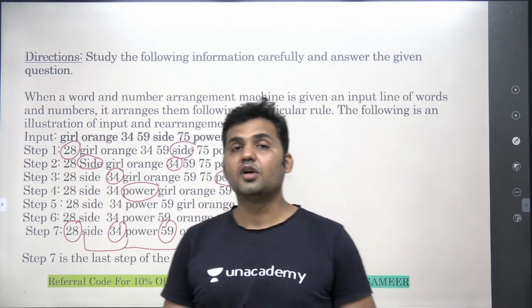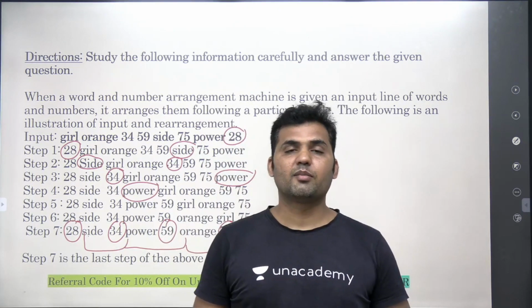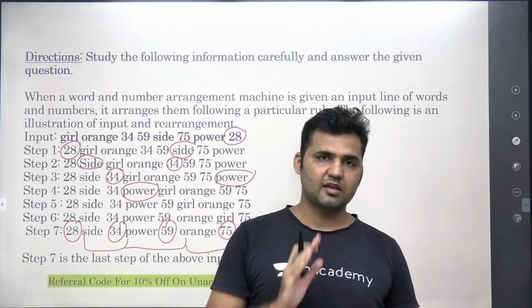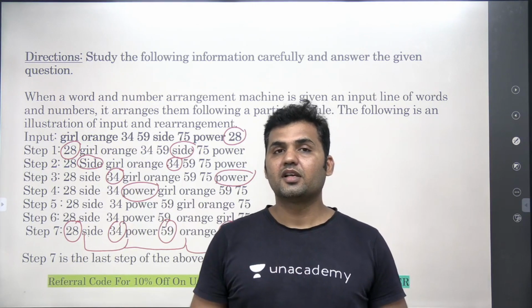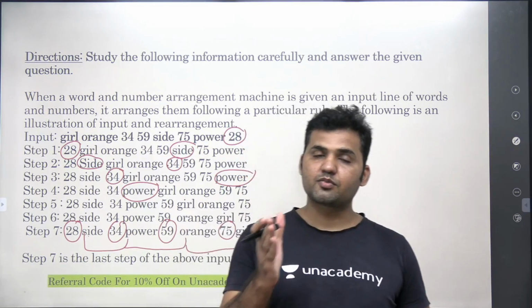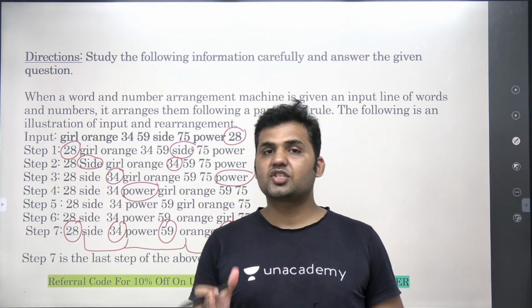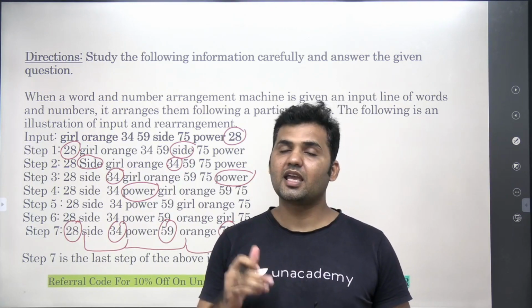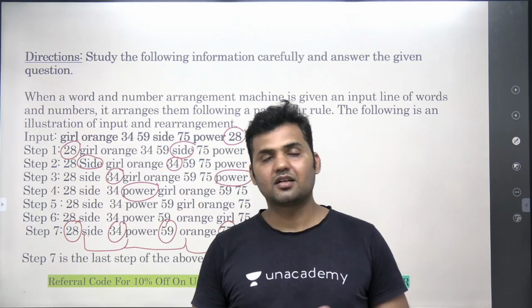So what does it tell you? The observation of the step-by-step process of this input by this machine is that in every step you're supposed to move one element. This is rule number 1 of this machine. The second rule is that in the first step, the smallest number will be moved to the left, then the largest alphabet will be moved to the second left position, and then again the second largest number will be positioned at the third left position.